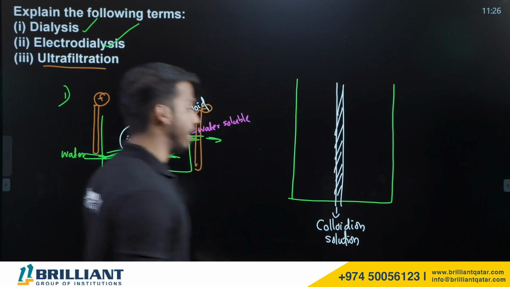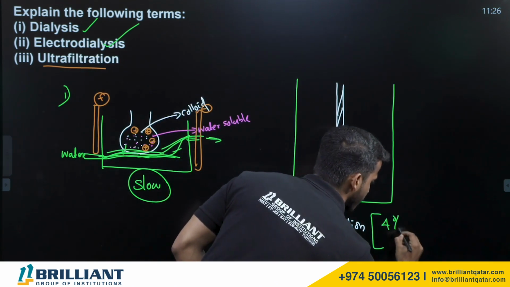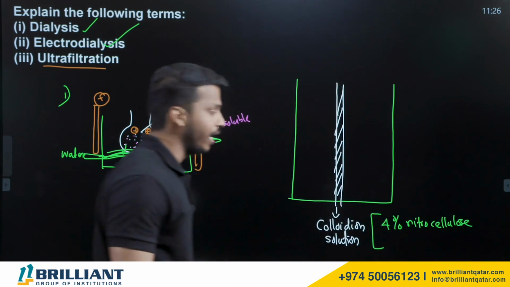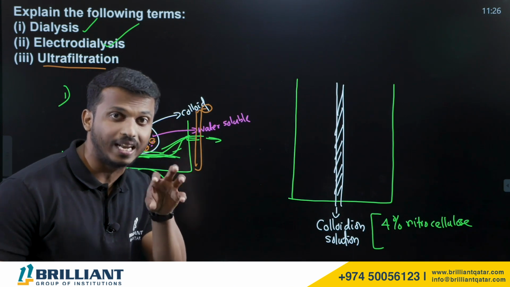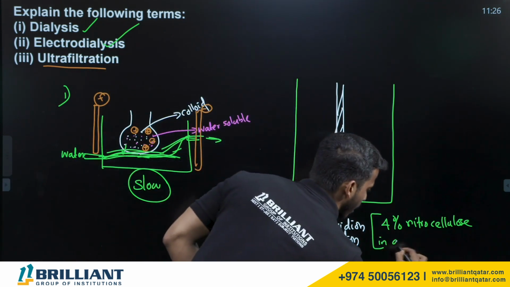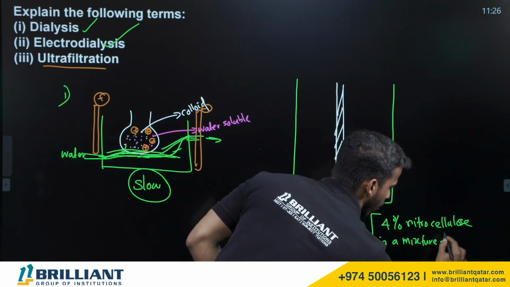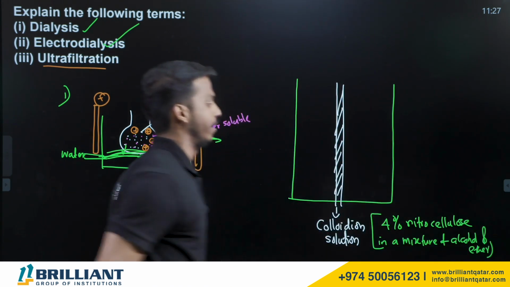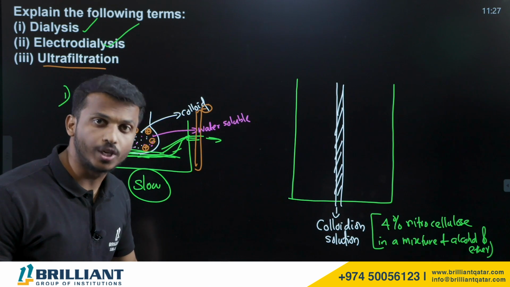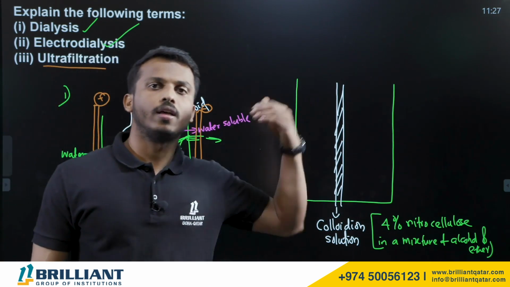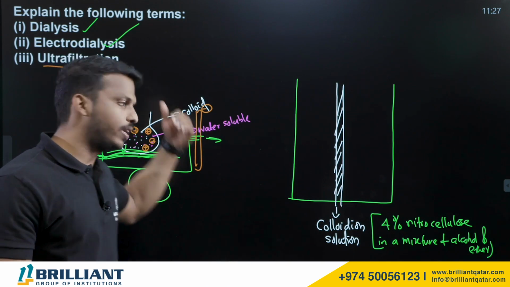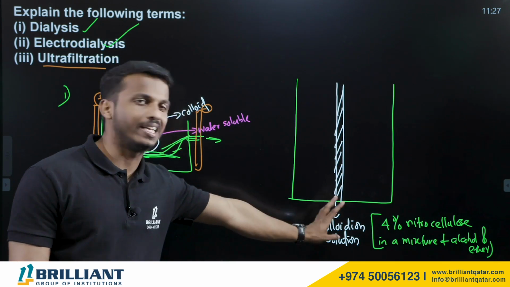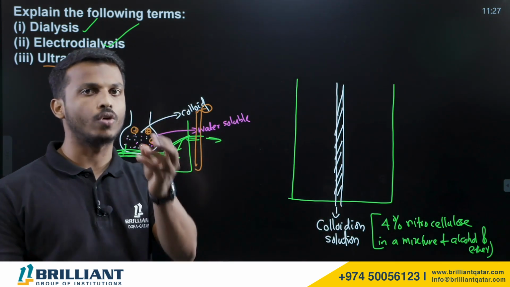Collodion solution is chemically 4% nitrocellulose in a mixture of alcohol and ether. Dear all, this is the solution from which they make the ultrafilter paper, through which colloidal particles cannot move. It is 4% nitrocellulose in a mixture of ether and alcohol.